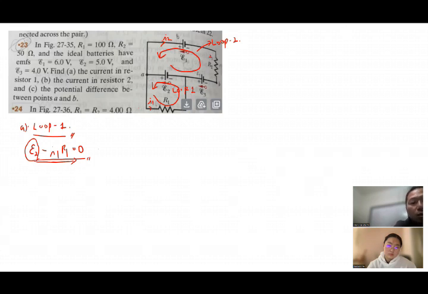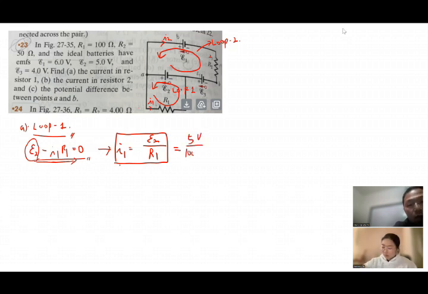So from this, I1 is E2 over R1. Okay, so that is the first one. You plug those numbers into this formula, that is 5 volt divided by 100 ohm, that's 0.05 amps.